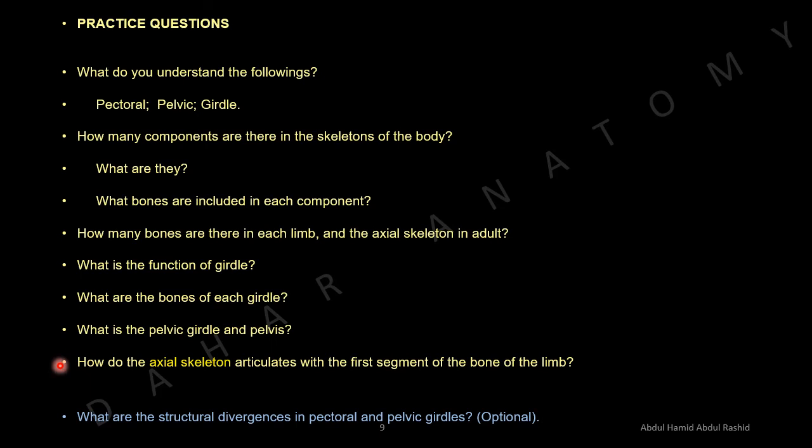How does the axial skeleton articulate with the first segment of the bone of the limb? What are the structural divergences in pectoral and pelvic girdles? Optional.